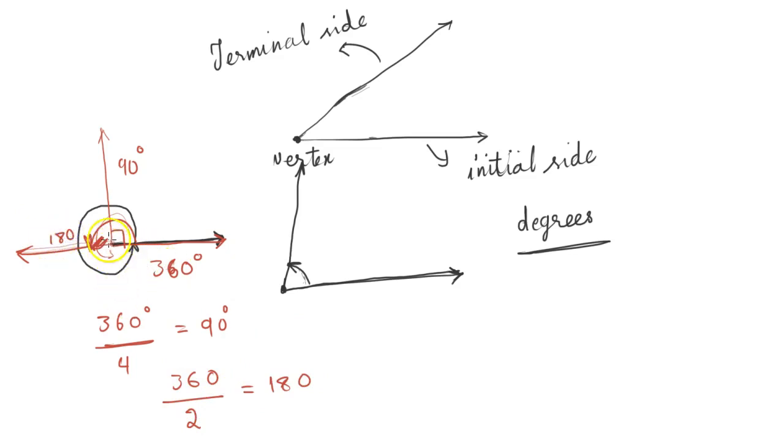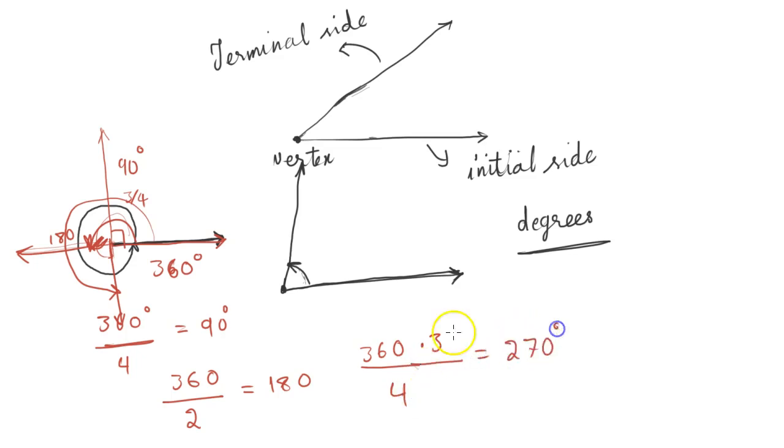If you go 3/4 of the way around the circle, you will end up here. That would be 360 degrees times 3 divided by 4, and this is equal to 270 degrees.